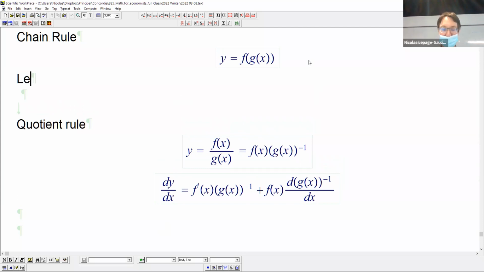So let us introduce, what do I need? Yeah, a new variable, which is just equal to what's inside there. All right, g of x.